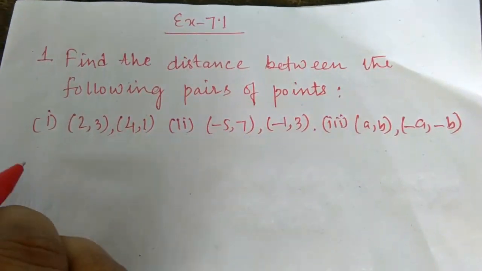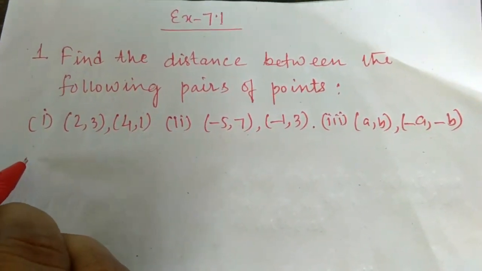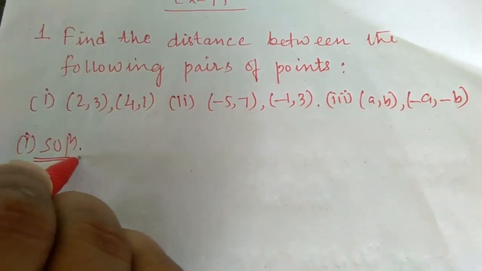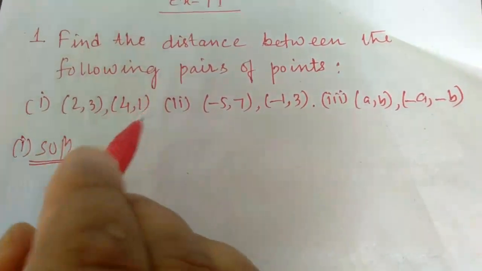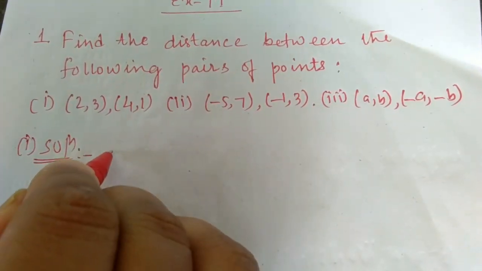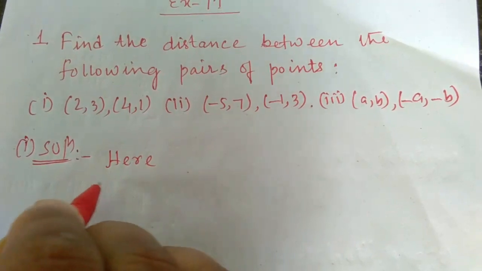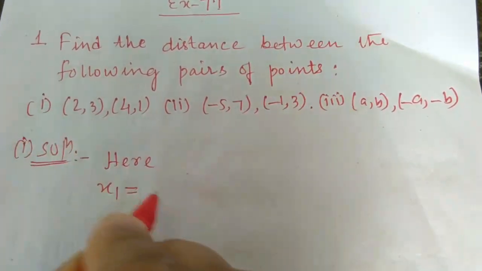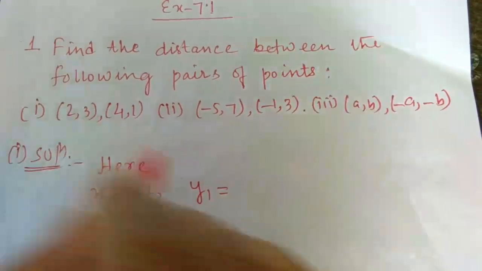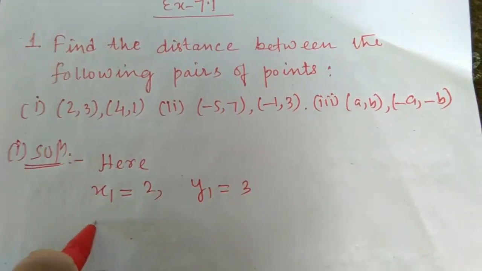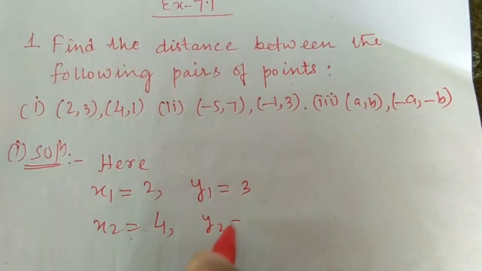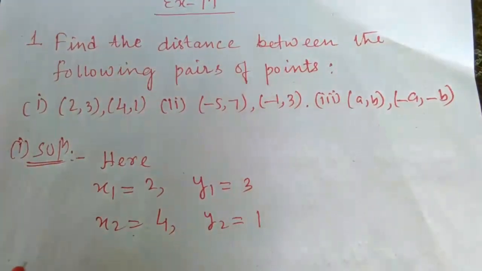Alright, so how to find the distance between the 2 points? Let me solve one by one. I have already given the formula of distance between the 2 points. So number 1, here x1 equal to 2, y1 is equal to 3, okay, x2 equal to 4, y2 is equal to 1.